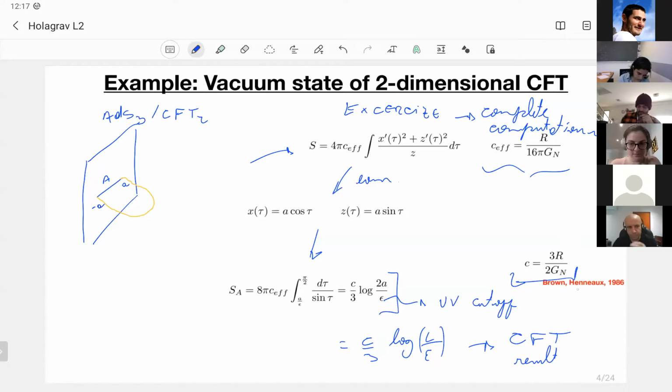This was computed by Brown and Henneaux many years ago. I never read the paper, but the asymptotic symmetries of AdS3 form a Virasoro algebra with this central charge. So using all that, you can reobtain the CFT result.